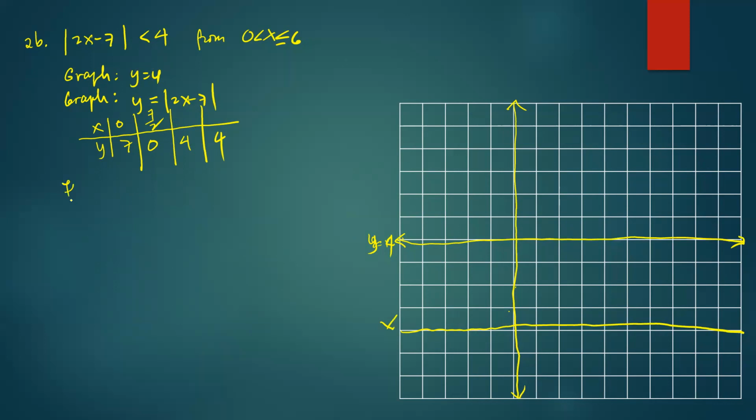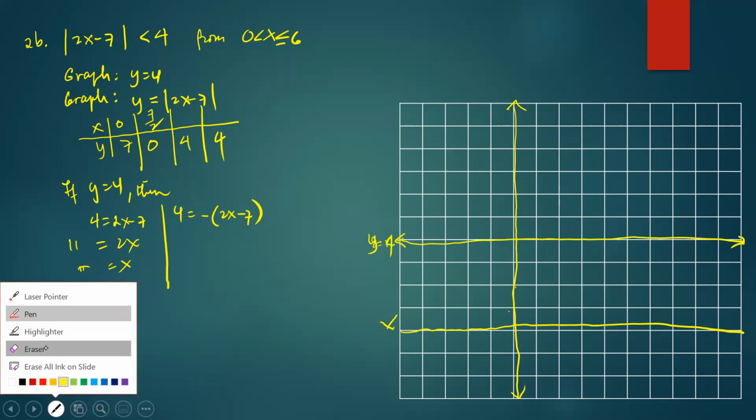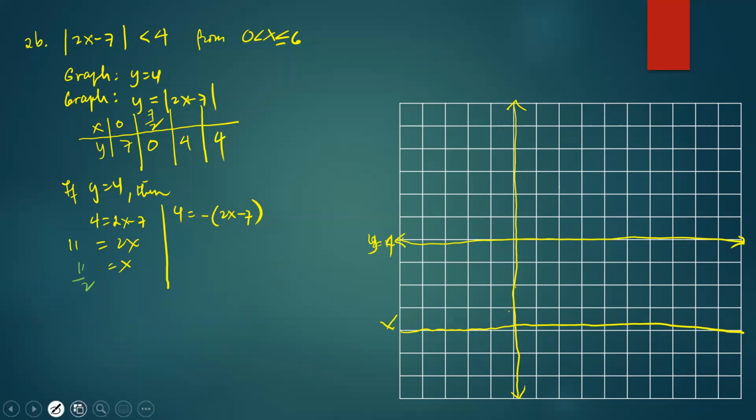Okay. So again, if y is equal to 4, then we have 4 is equal to 2x minus 7. So we have here 11 is equal to 2x, or x is equal to 11 by 2.